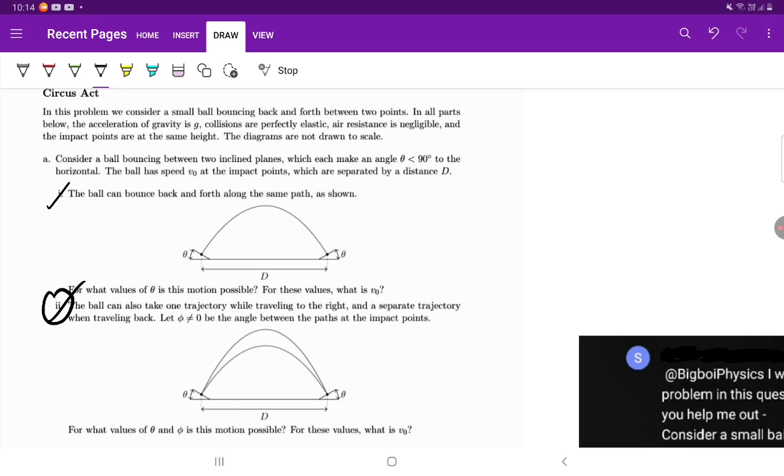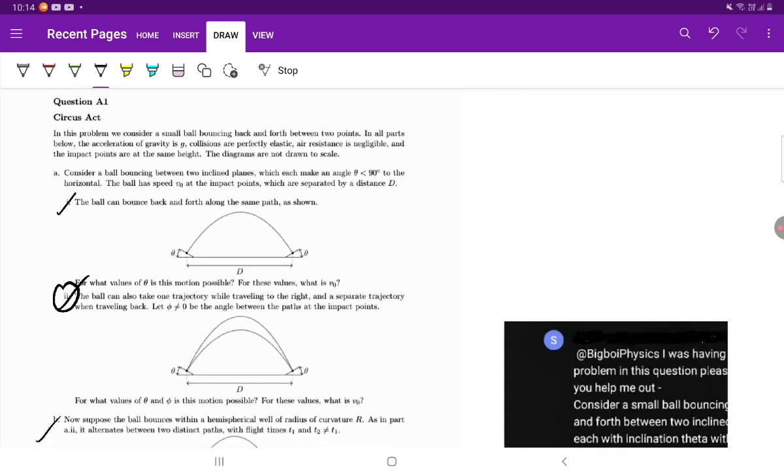First, consider a ball bouncing between two cylindrical planes which make an angle theta less than 90 degrees to the horizontal. The ball has speed v naught at the impact points, which are separated by distance capital D. First question: you have to tell me the possible values of theta so that the ball can bounce back and forth along the same path or the same trajectory.